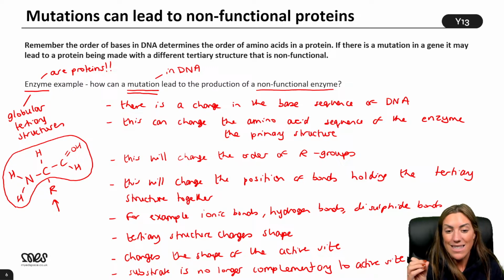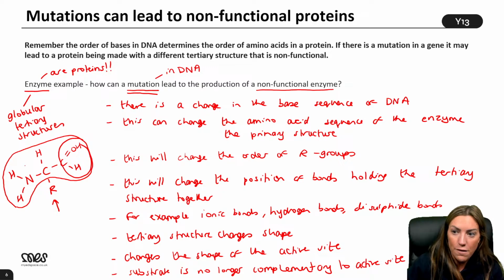The secondary structure, which is your beta-pleated sheets and your alpha helices, is only held together by interactions between the amine group and the carboxyl group of the amino acids.